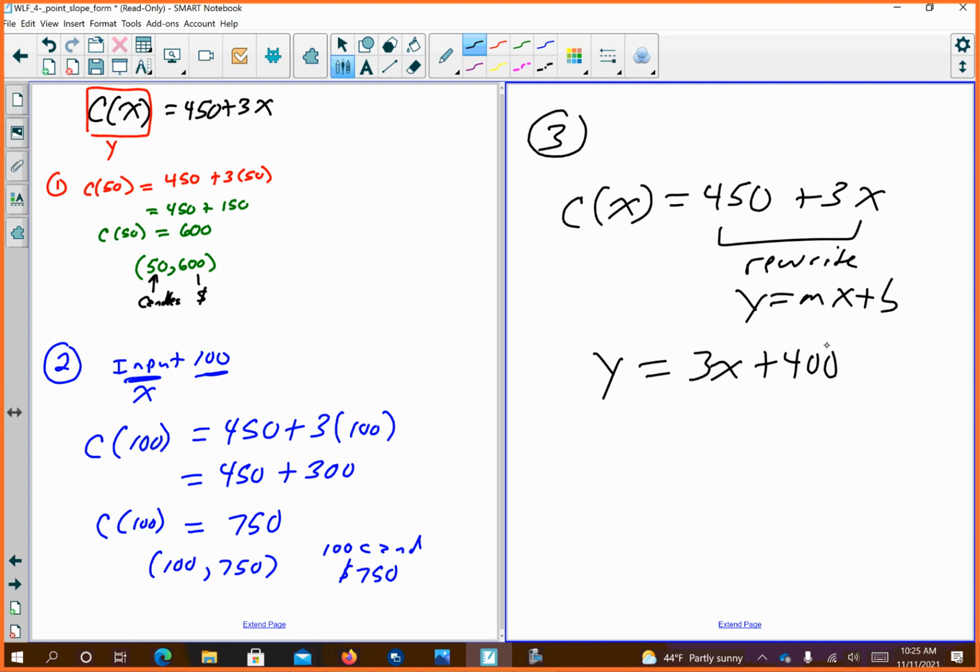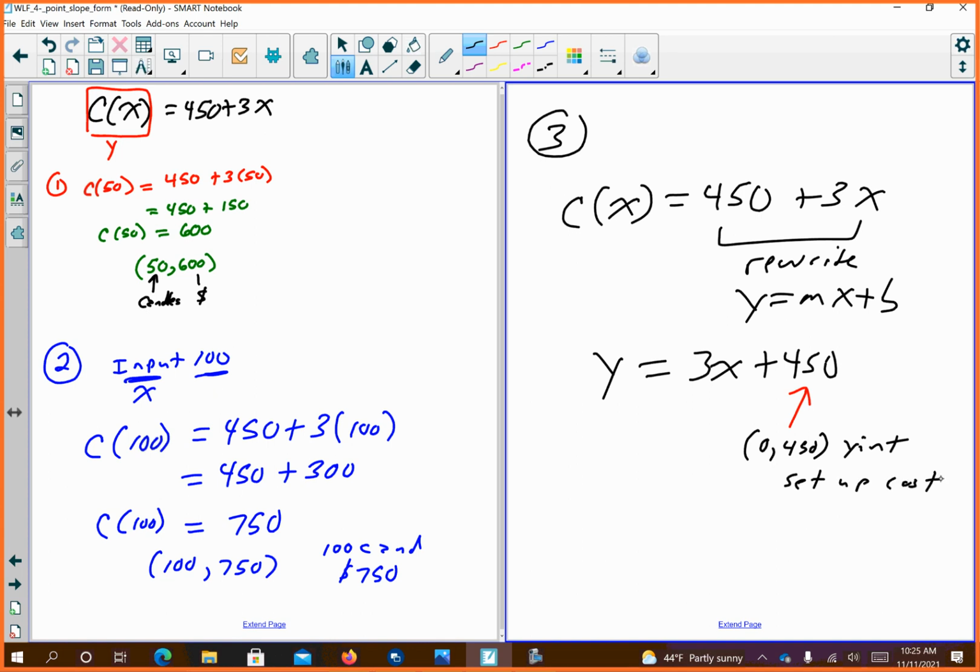Okay? So what this means is, oops, that should have been 450, I'm sorry. This means (0, 450), which is the y-intercept.